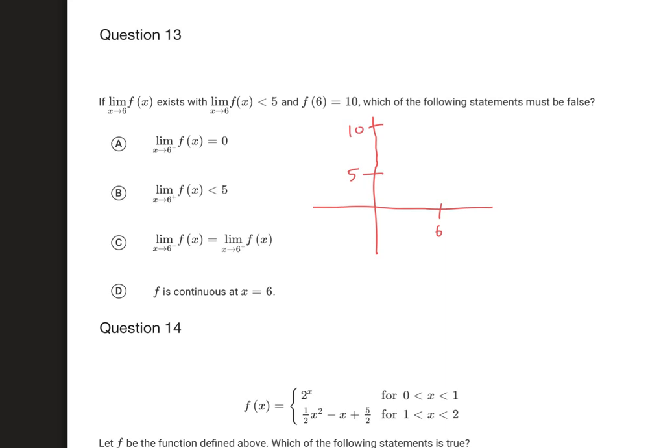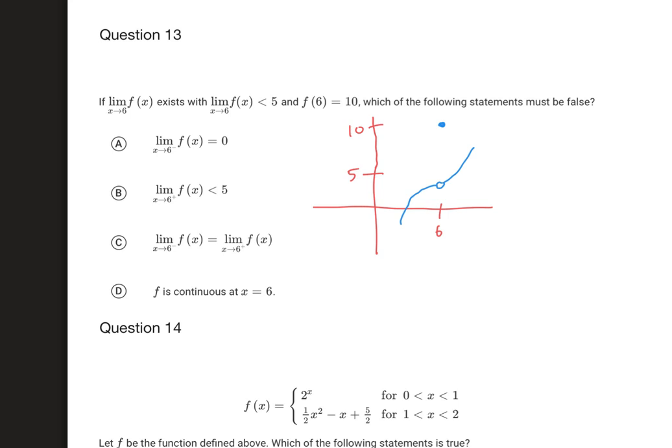They say f of 6 is 10, so let's put a point right there, 6 comma 10. But besides that, the limit as x approaches 6, whatever it is, is less than 5, but it exists. So the only option is that the function does something here. It could go up or down.